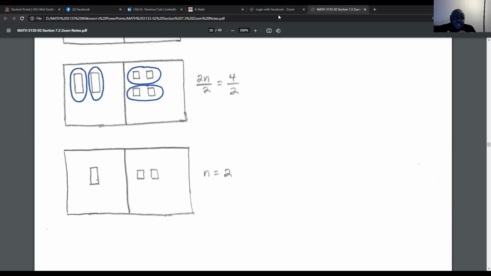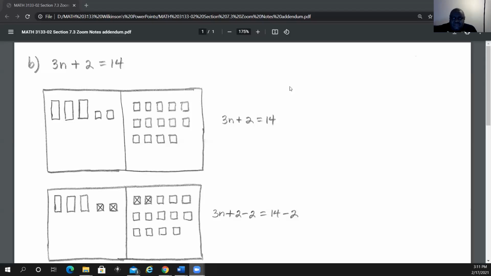Okay. Now let's look at part B. Here we go.